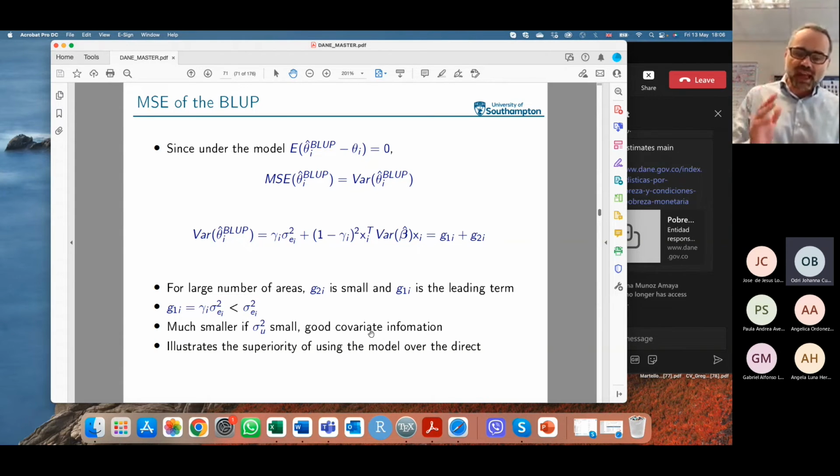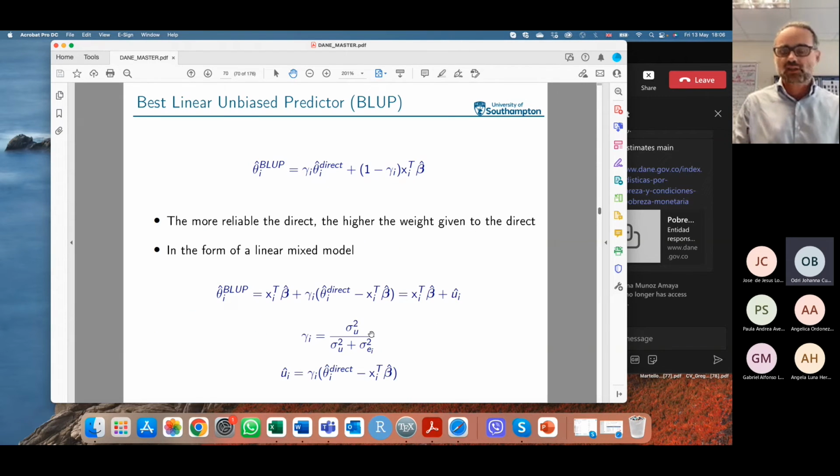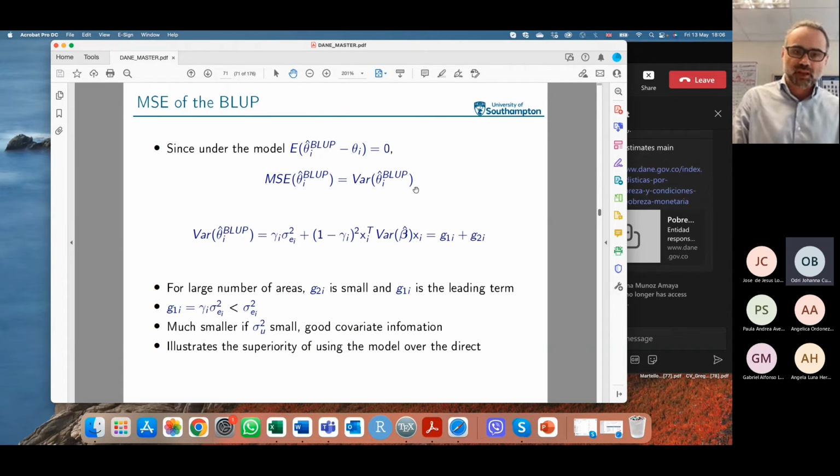So the game with these models is to include as much covariate information, XI, that is predictive of what you're trying to predict, to reduce what remains unexplained between the areas. We will come back to that on a number of occasions to illustrate that.